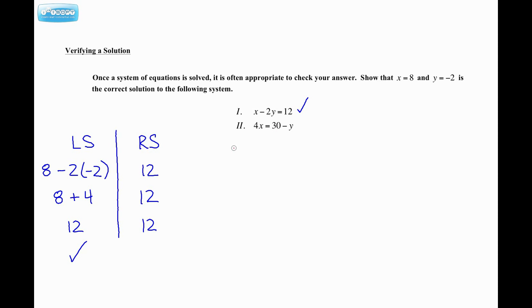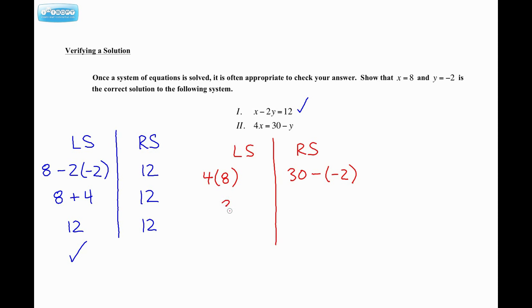So let's do it one more time. I have left side, right side. Split them. 4x, so that's just 4 times 8. And 30 minus, now you've got to be careful here, minus y. So 30 take away negative 2.